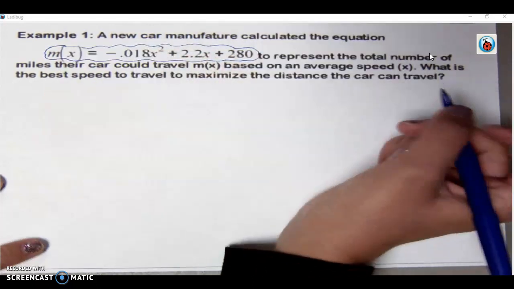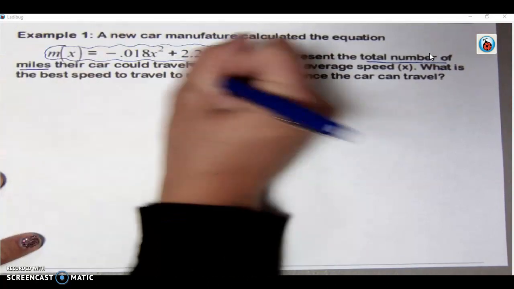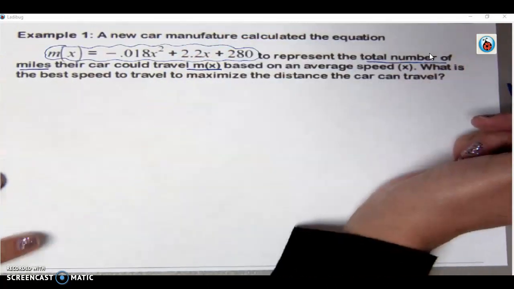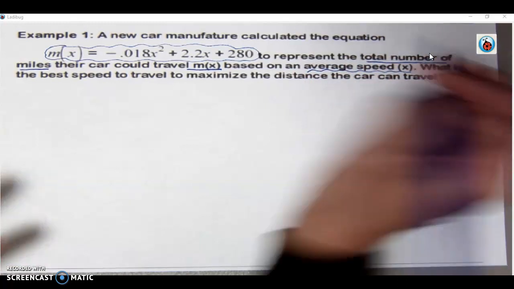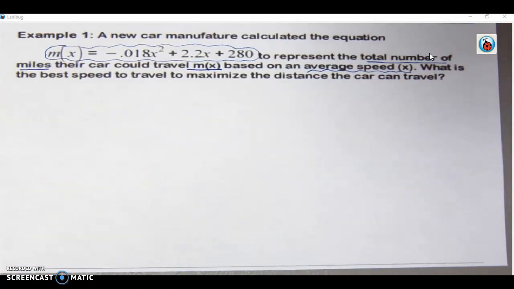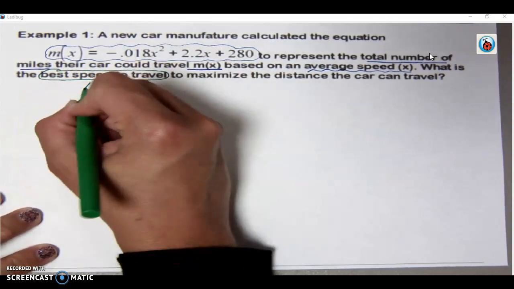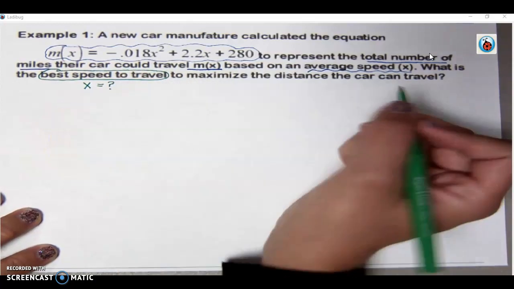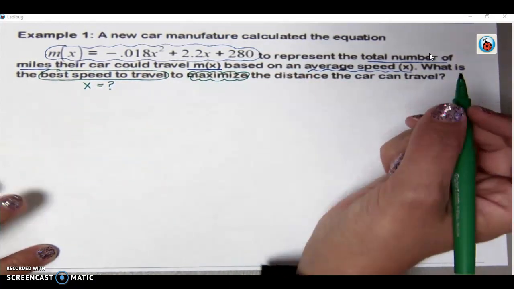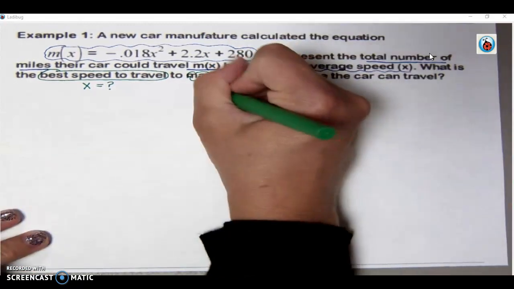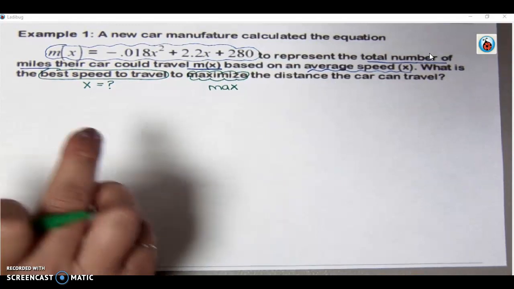It tells us that m of x is the total number of miles it can travel, and then the average speed is x. So the question says, what is the best speed to travel? Well, speed is x, so we're trying to find x to maximize the distance the car can travel. So we need to find the max, but we want to know what is that x value at that max.